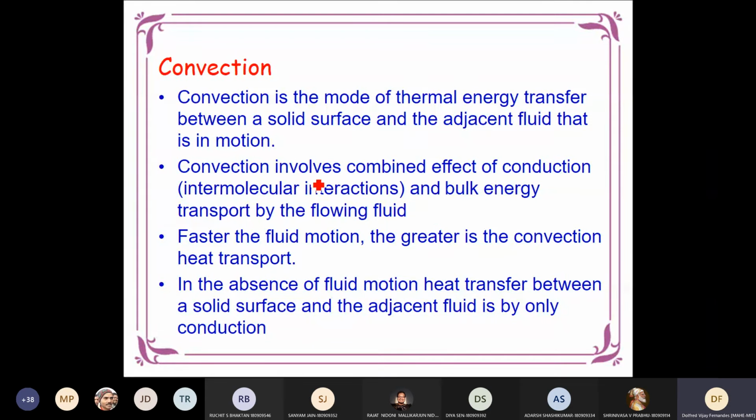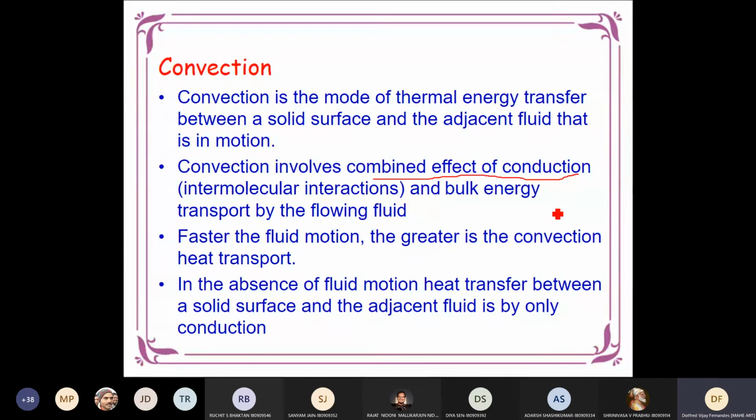Any doubt here? It's a combined effect of conduction. What does that mean? Static plus dynamic. Even though the fluid is moving in a particular direction, nobody can prevent the random motions in between.